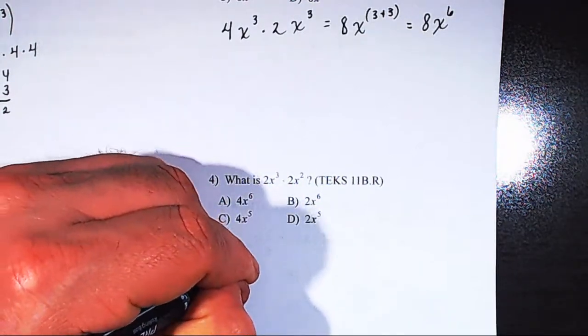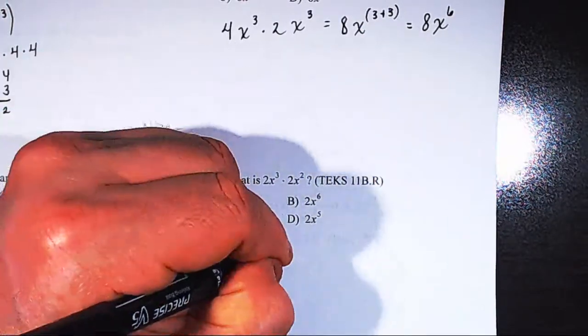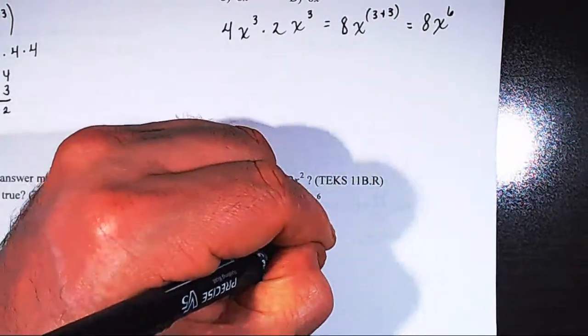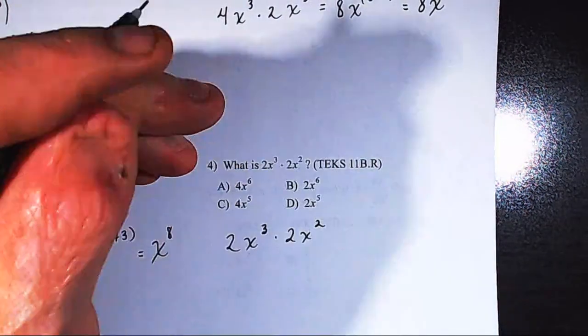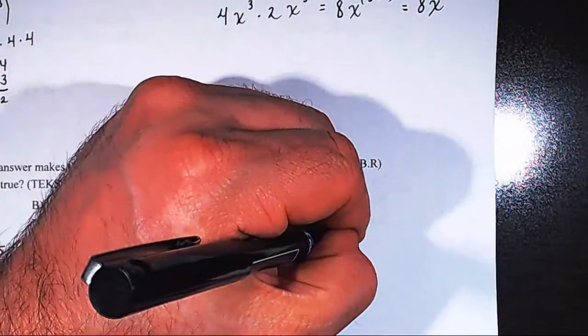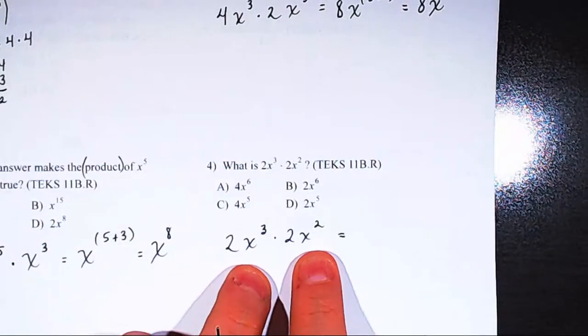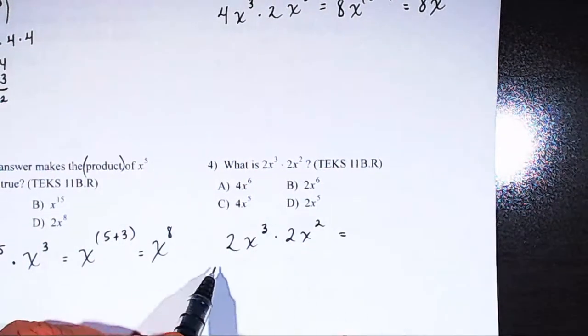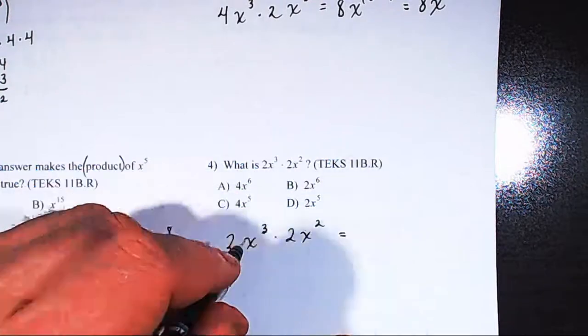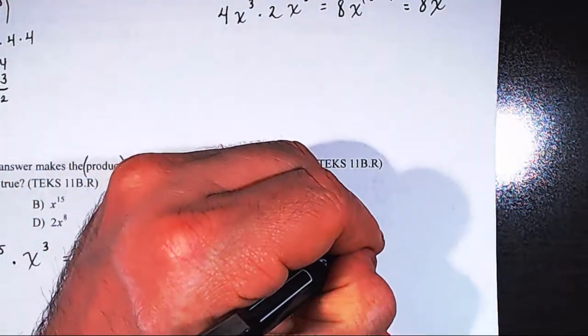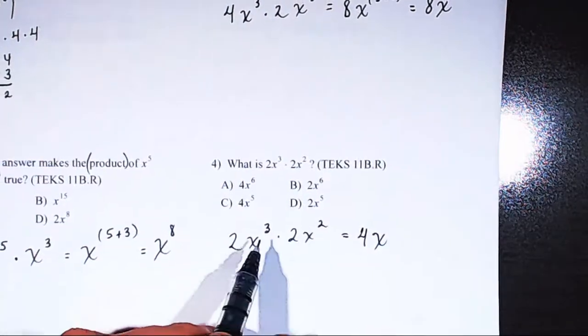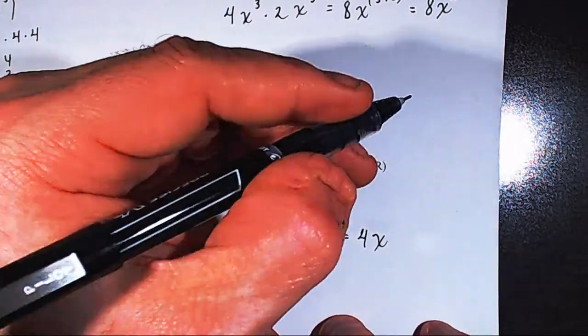Okay, so 2x cubed times 2x squared. Well, this is just like problem 2. We have the same base, so we're going to multiply the coefficients. 2 times 2 is 4. Okay, then we write the base, which is x, and then we add the exponents, 3 plus 2.